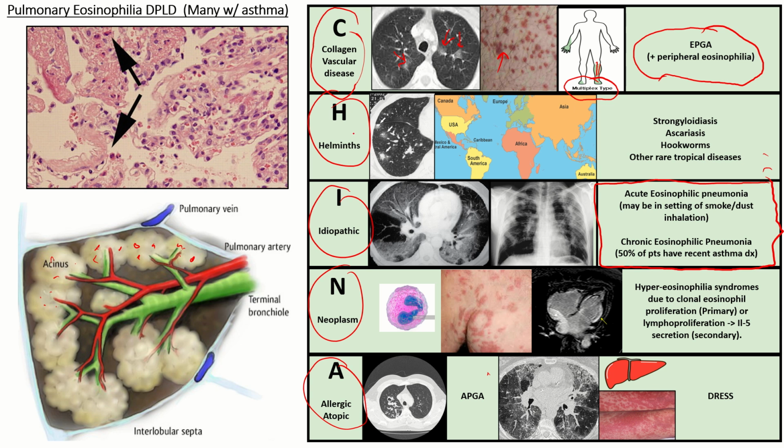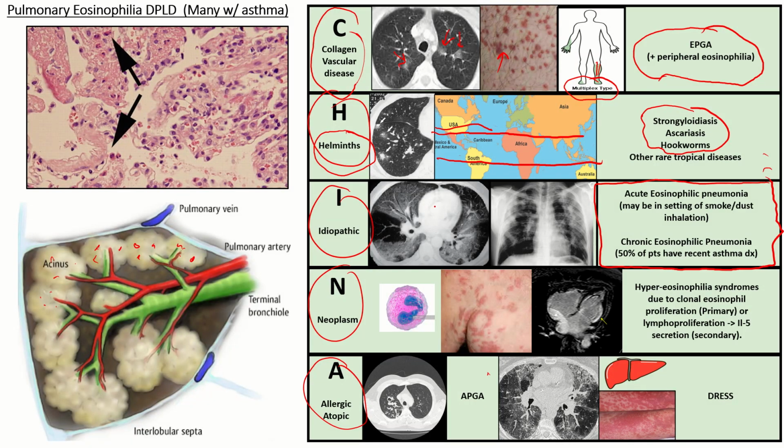Maybe if the patient has a history of travel, or especially if they're from an area where helminths are pretty prevalent, which is more commonly really near the equator in these areas here, you want to think, could they have transpulmonary passage of worms, things like strongyloidiasis, ascariasis, hookworms, or even filariasis?